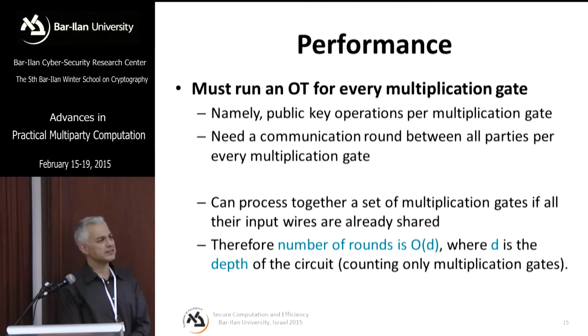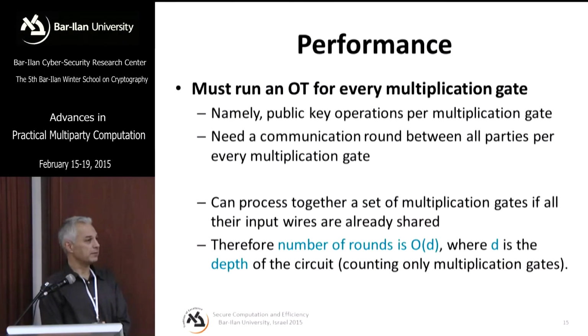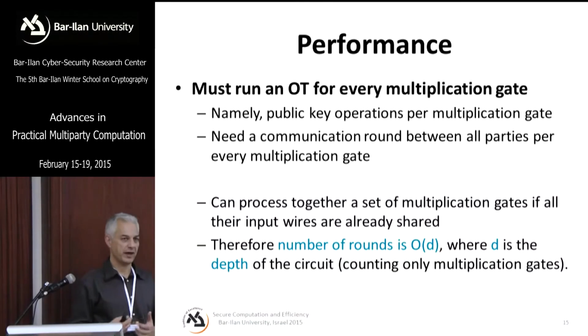If we compare this to Yao's protocol, in Yao's protocol the parties did some symmetric key encryption like AES for each gate. Here they have to do Oblivious transfer, which is based on public key encryption, for every gate.